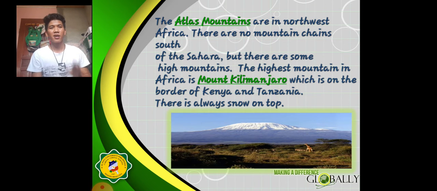This is Mount Kilimanjaro, which is considered the highest mountain in Africa, on the border of Kenya and Tanzania. There is always snow on top because, as we all know, the higher the mountain is, the lower the temperature that we can experience.